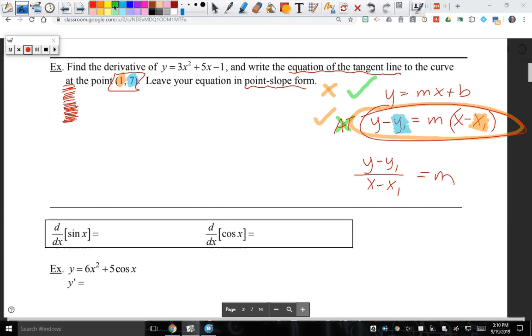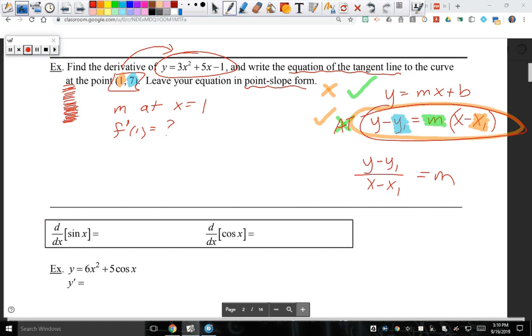And now we just have to come up with a slope of this function right here at what? At 1. We're trying to find the slope of this. So the slope at x equals 1 is now in calculus f prime of 1. You with me?